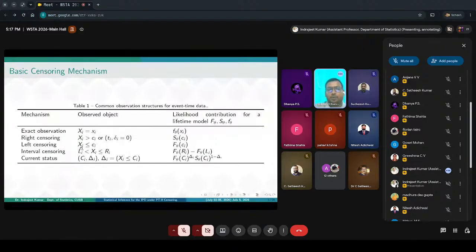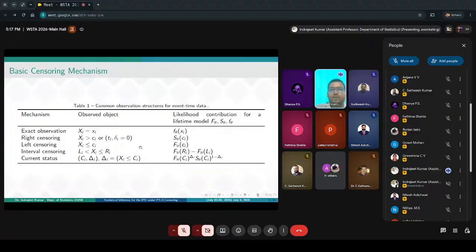If something happened before the observation, for example a patient had some disease found after diagnosis, that is left censoring. Interval censoring is in between, during the left and right. And current status, also called random censoring, means we observe whether the unit is observed or censored.